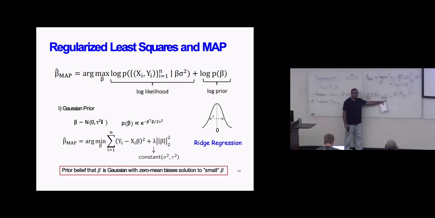Why? There is no beta. Good. And we said whenever we are in trouble, we can ask help from log. He's a good friend. And then log and e cancel out. Right? And then what you have is minus beta square by tau whole square.